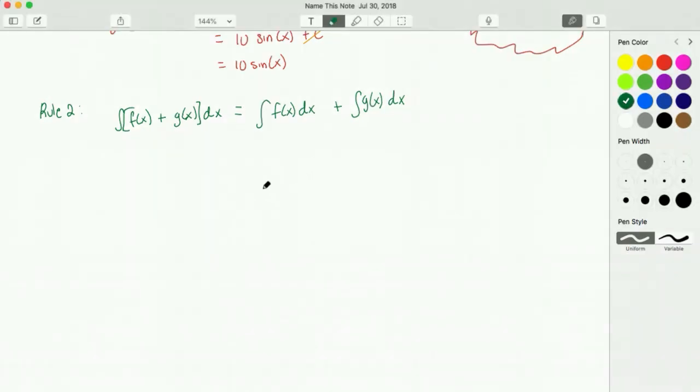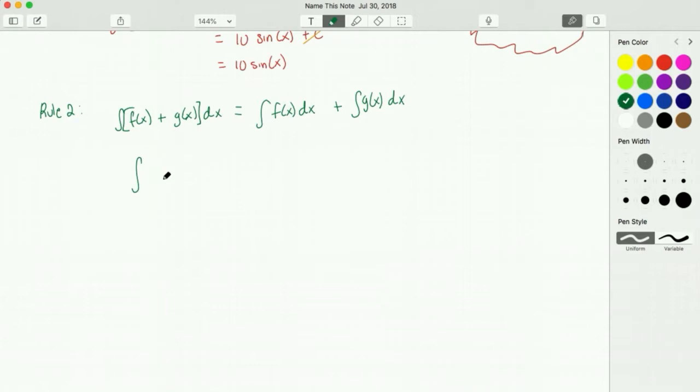Now this rule is similar to the one that we saw back when we were doing derivatives, and that's why doing integrals should be related to what we were doing with derivatives. And this is the example that we're going to look at.